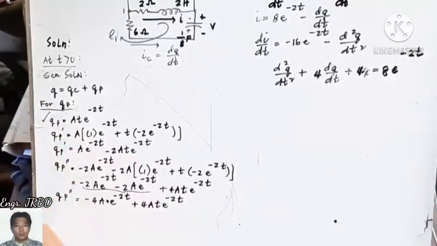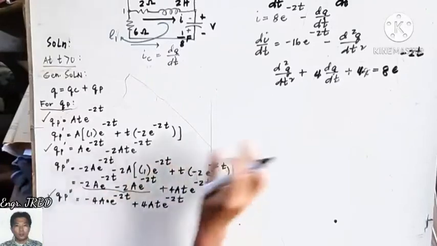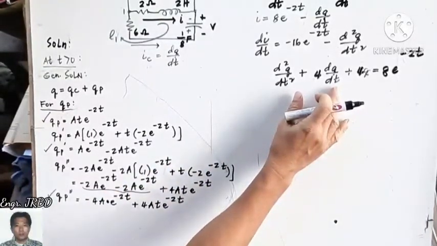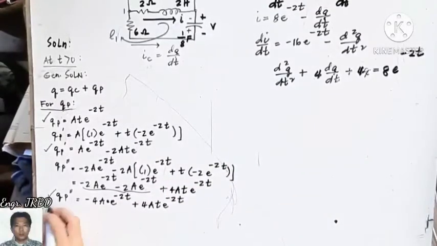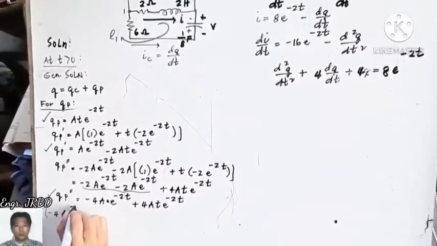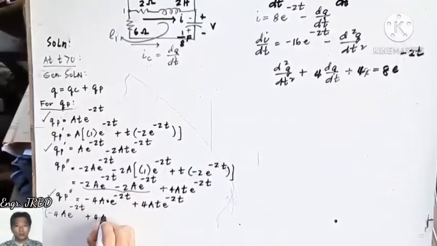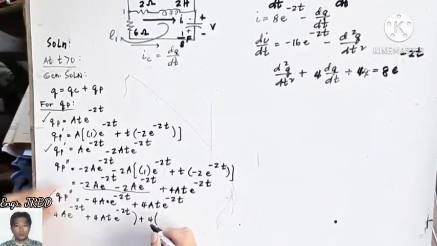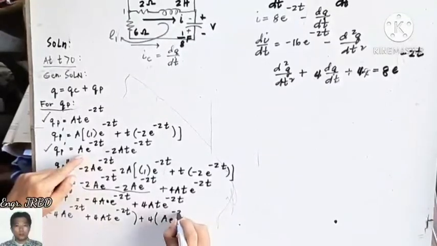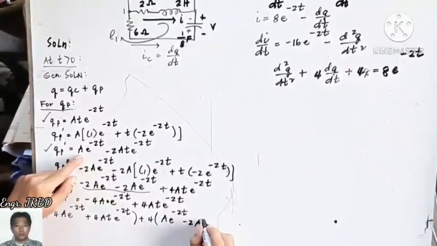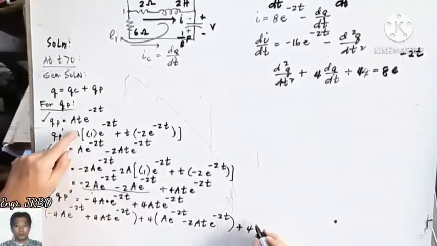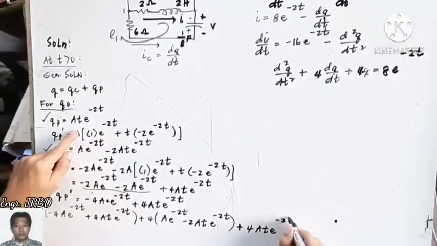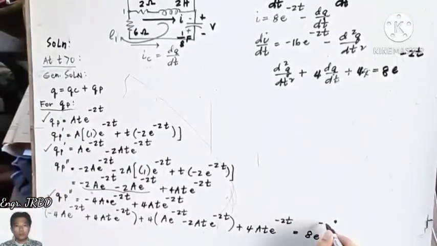This equation plus the expression for the first derivative plus the expression for the second derivative will be substituted into the second order differential equation to obtain, okay, negative 4a e raised to negative 2t plus 4a times t e raised to negative 2t plus 4 times the first derivative, this, a e raised to negative 2t minus 2a times t e raised to negative 2t plus 4 times q, that is a, times t e raised to negative 2t is 8 e raised to negative 2t.